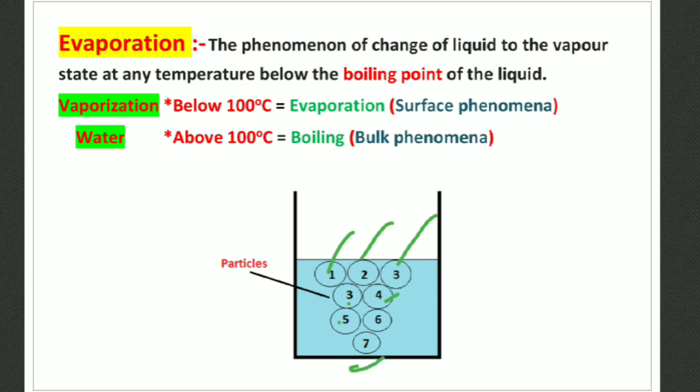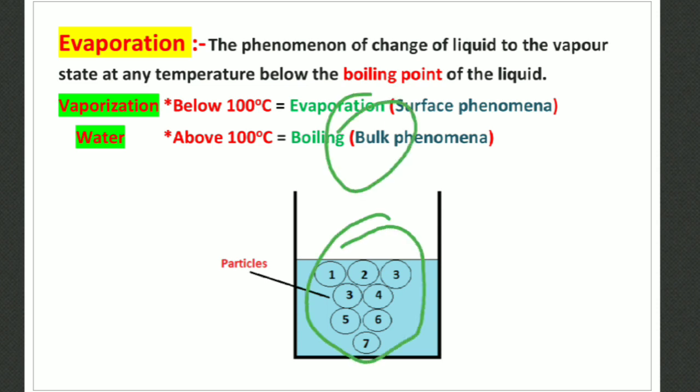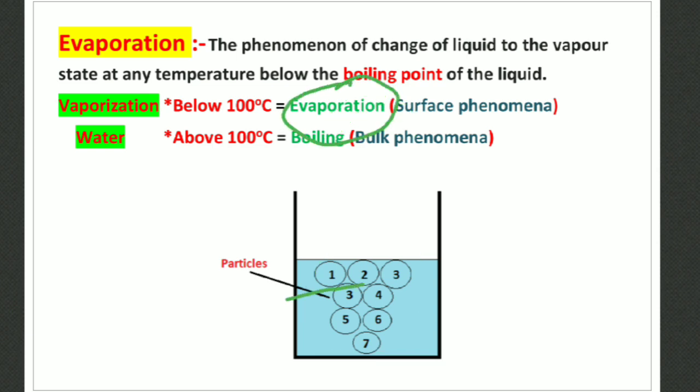Okay, it means the whole particle system will start to move freely in this system, and at last there will be a point where all the particles will create bubbles, not only from the surface but from the bottom of this beaker in the upward direction. There is a formation of bubbles. So this is a bulk phenomenon because all the particles take part in this process. On the other hand, evaporation is a surface phenomenon because only the surface molecules take part in this process.